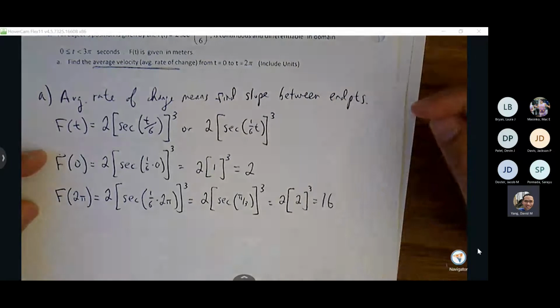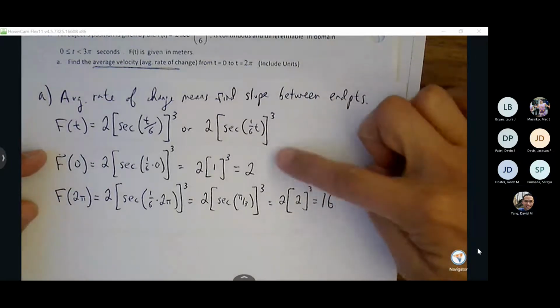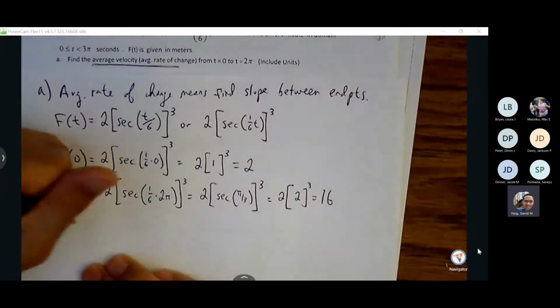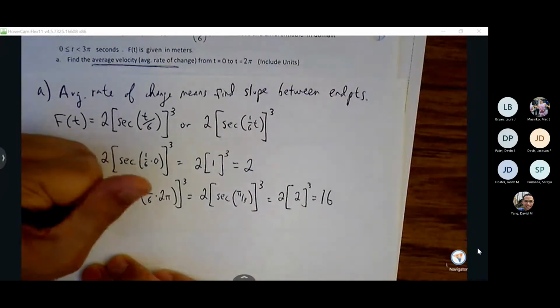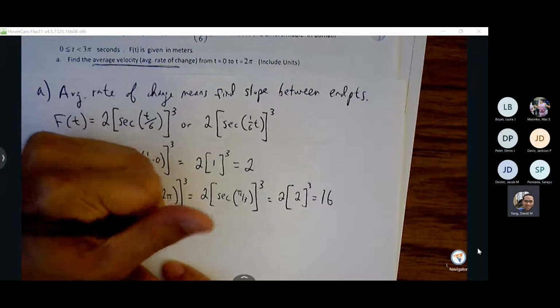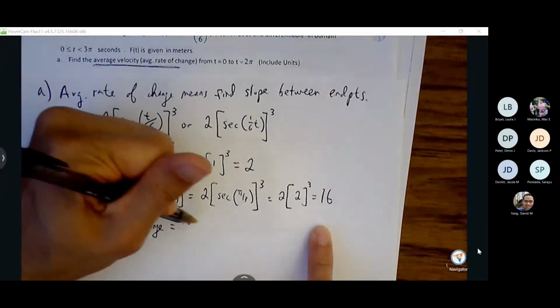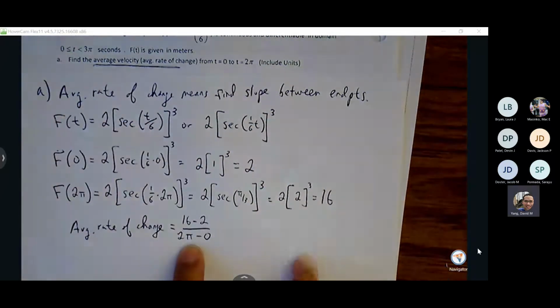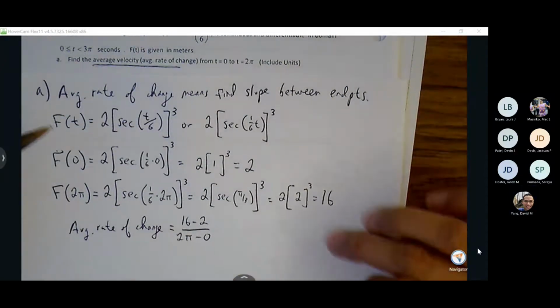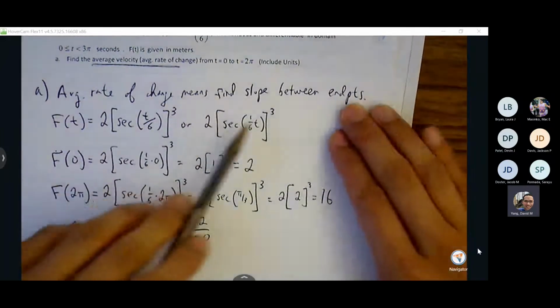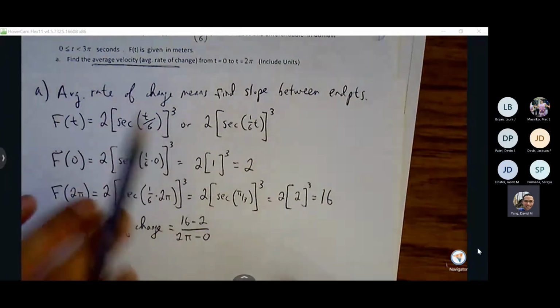So average rate of change is just change in y over the change in x. We don't use derivatives. Why is that? There's no derivatives involved, right? All we're doing, average rate of change, is just slope between endpoints. There's no calculus.